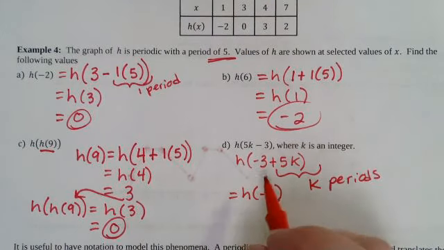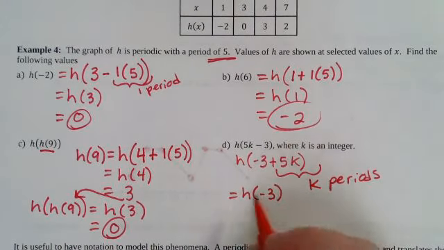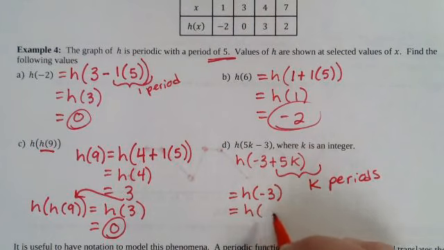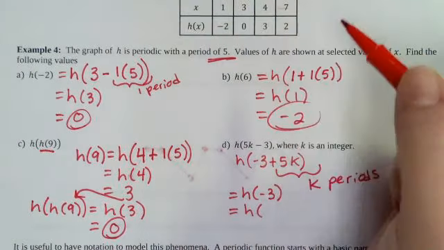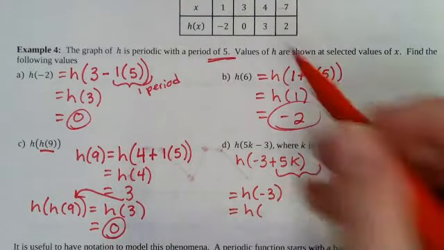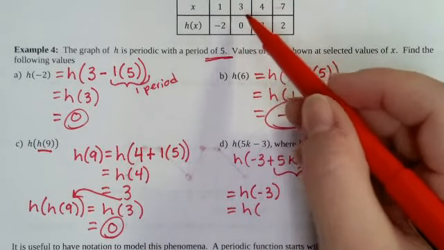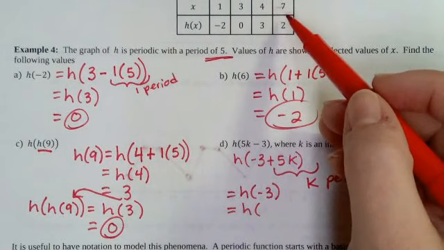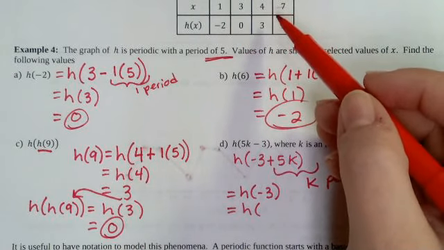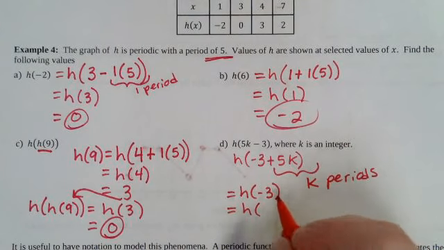All right, so let's see what we can do here. Now, -3 is not in my table, so now we're going to have to do the thing where we rewrite this. I've got to find, are there any of these values where if I subtract 5 or a multiple of it, I'd end up with a -3? Let's see, if I were to subtract 5 from any of these, I'm not getting a -3, but what if I subtracted 2 times 5?